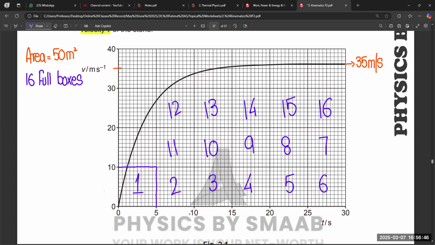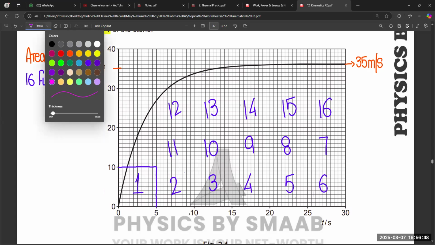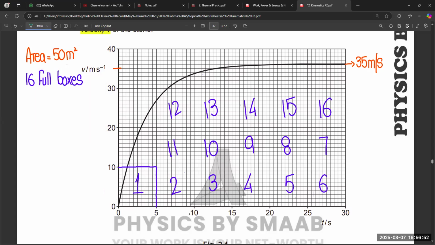Now if we consider the half boxes, right? So this one, this is half, one half, second half, third, fourth, fifth, and sixth, seventh. So we have almost 7 half boxes, right?